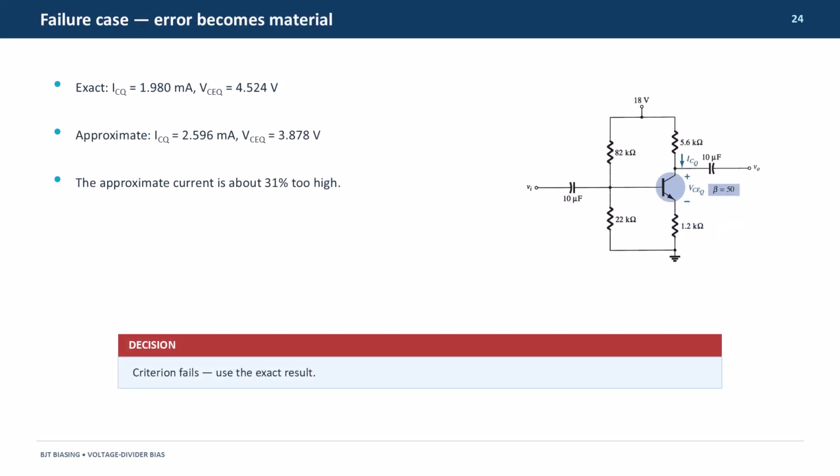Exact analysis of the counterexample gives about 1.98 milliamperes. The unloaded divider approximation predicts 2.596 milliamperes, roughly 31% too high. The error occurs because base loading lowers the real base voltage. Thevenin analysis captures this effect through R sub Th.